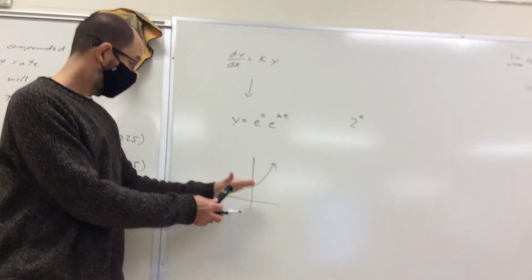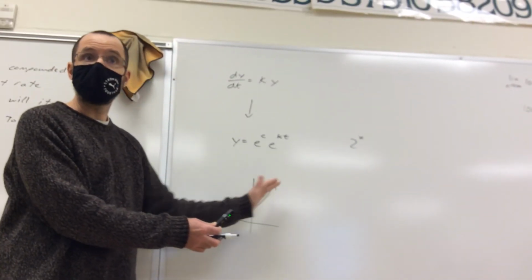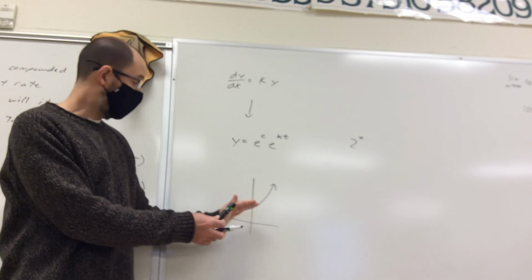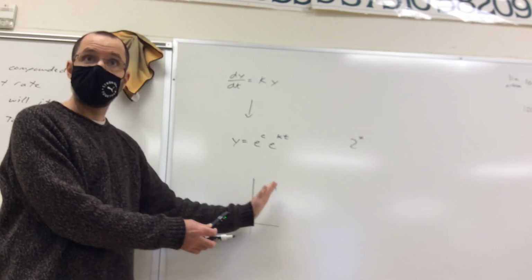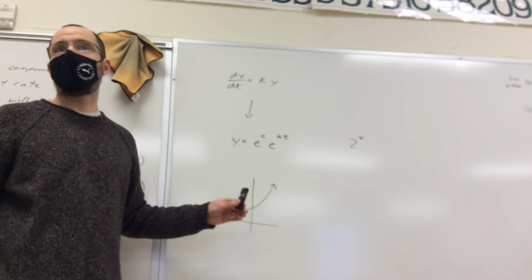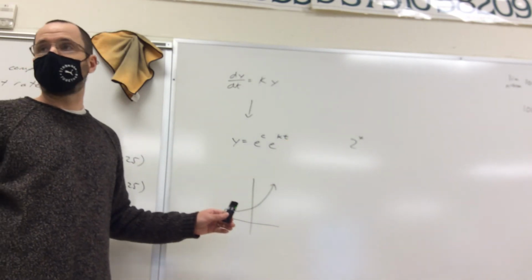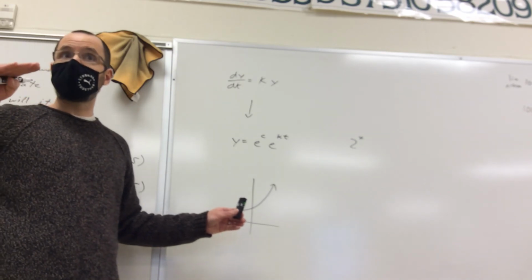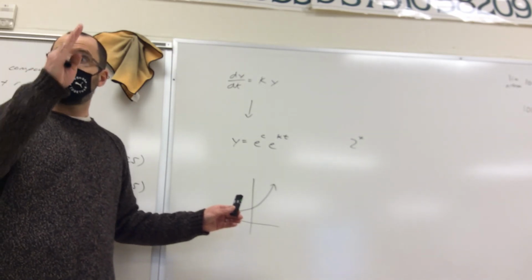You see how the rate keeps getting bigger? The rate is the slope, right? You see how the rate keeps getting bigger and bigger and bigger? I mean, people throw around the term exponential all the time. You'll hear it on the news. They don't know what they're talking about. What exponential actually means is that the rate keeps increasing.